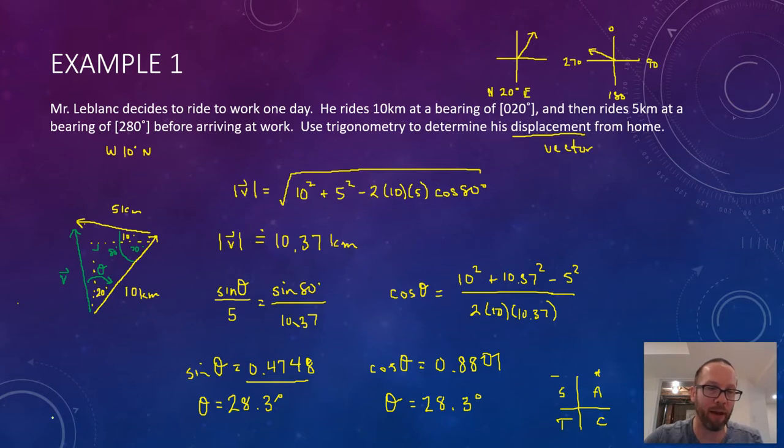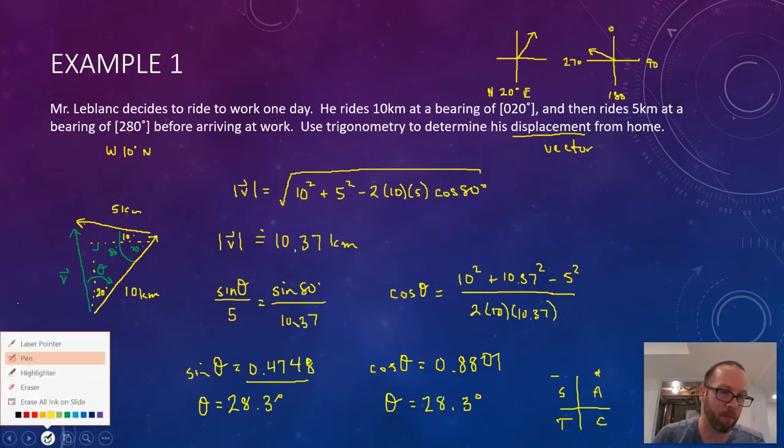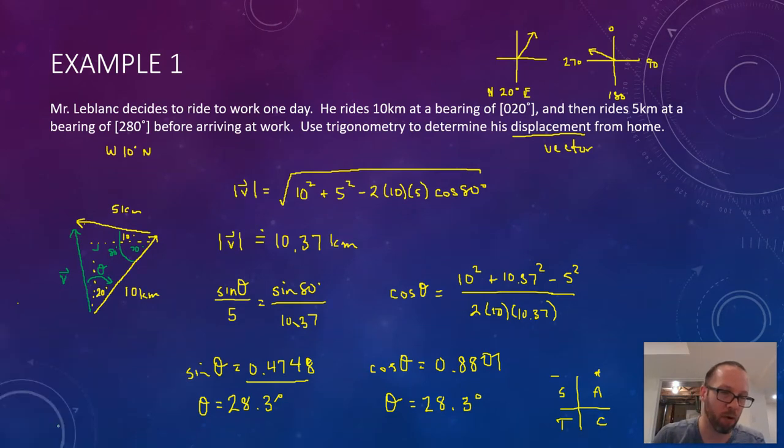That means that for vector v, and I'll just draw this in green to finish this up, our distance was 10.37 kilometers. And so what's our bearing?